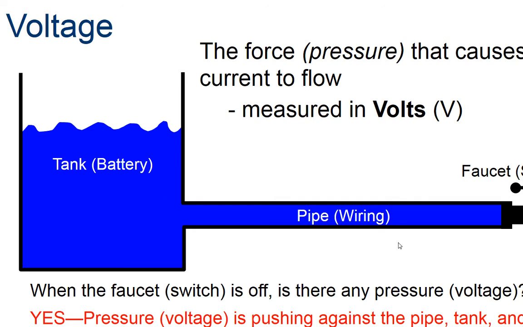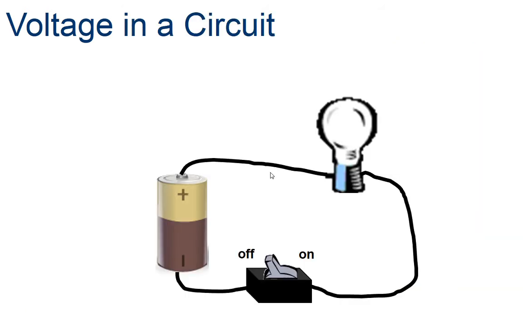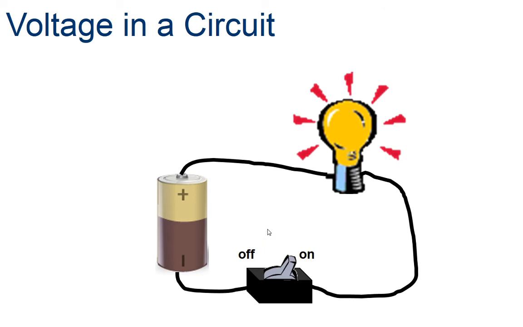So it will continue to flow until the pressure is gone, until our voltage has dropped. If you measure voltage in batteries, you'll notice that once the voltage gets low enough, then batteries stop working. So here's our little circuit. There is voltage in this battery, so we turn it on. That allows the current to flow.